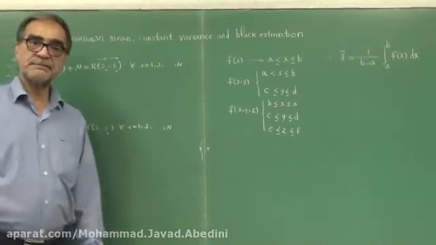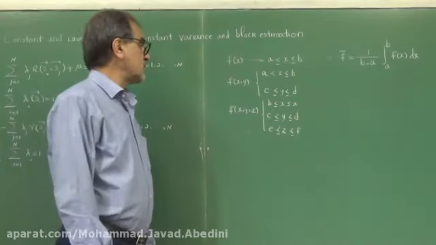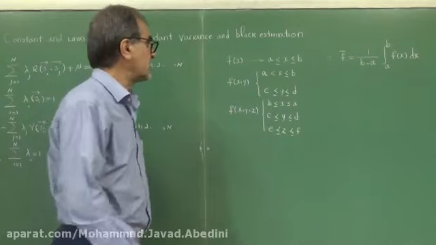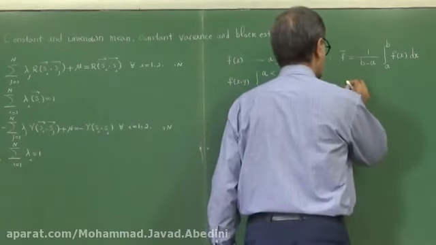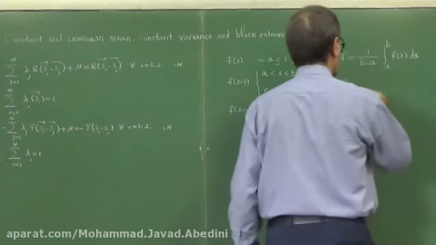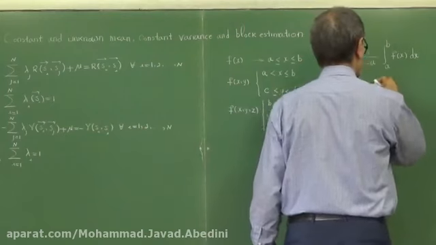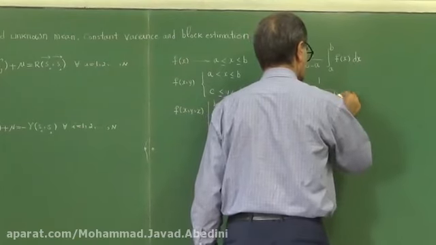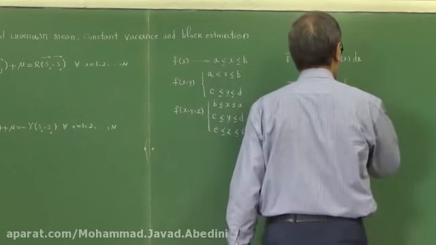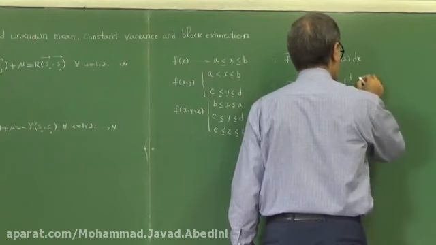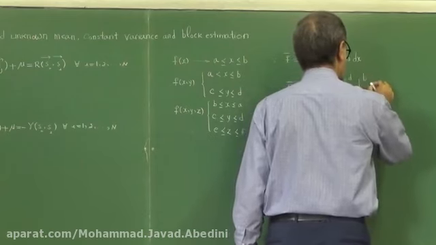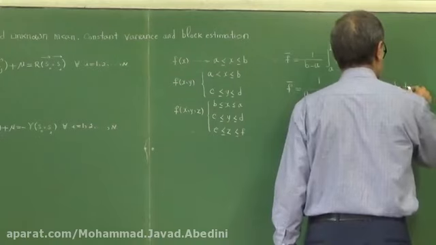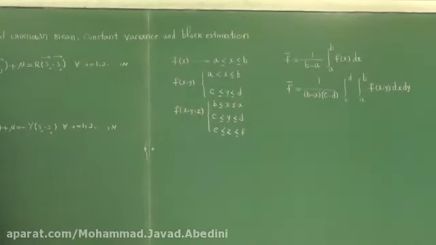If you are in 2D and you are asked to estimate the mean value of f over this rectangular area, then you would say the mean value of f over this area is integral from C to D, integral from A to B, f dx dy, divided by the area.